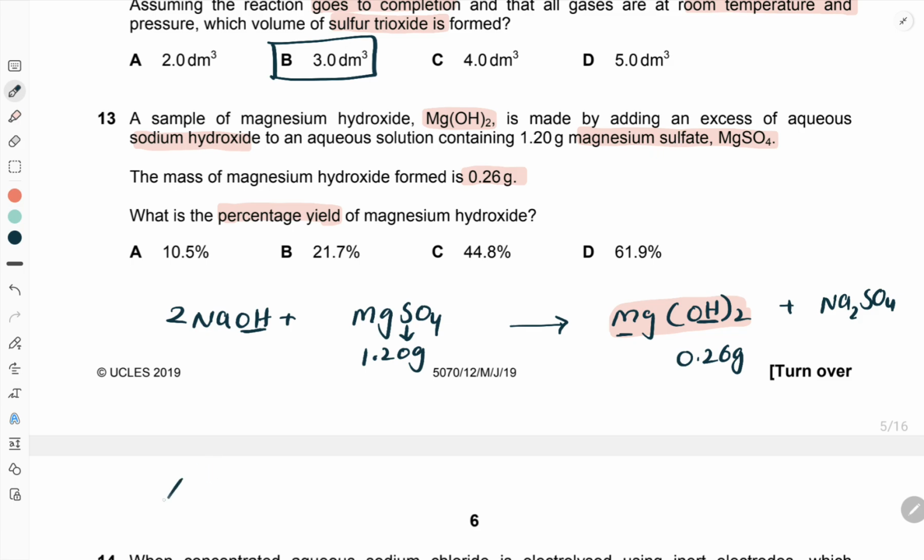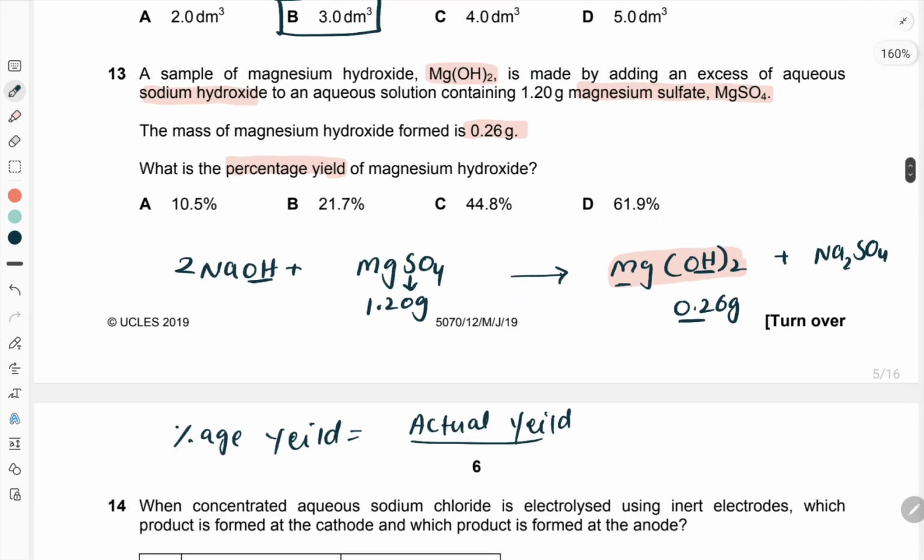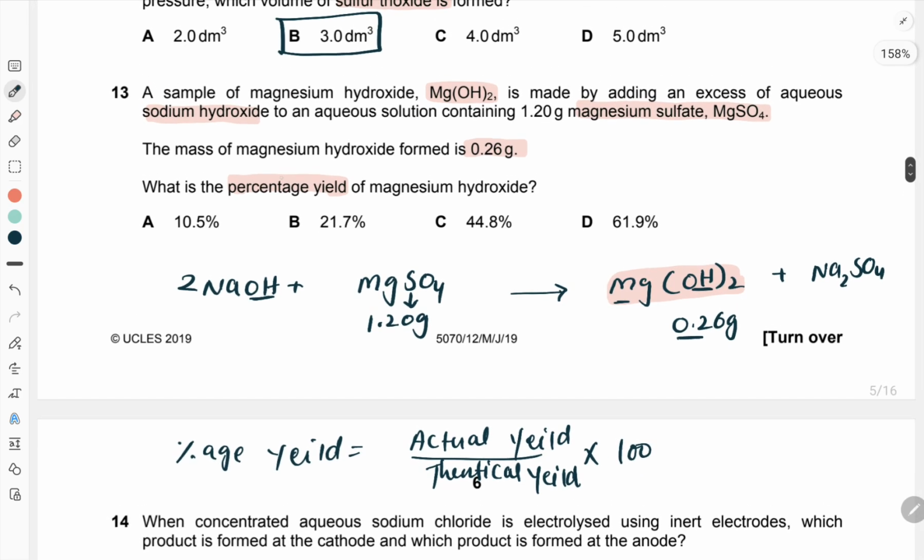The formula for percentage yield is the actual yield, which you collect as a result of the reaction, which is given in the question, over the theoretical yield, which you solve through the balanced equation, times 100.